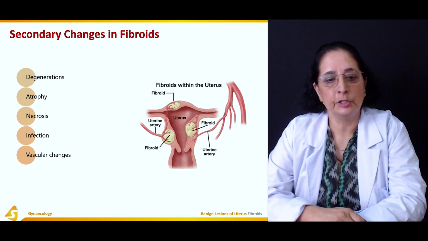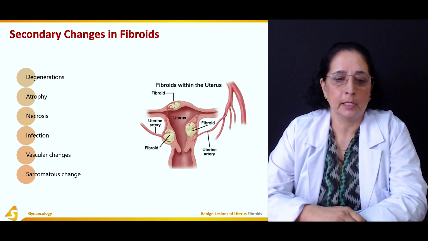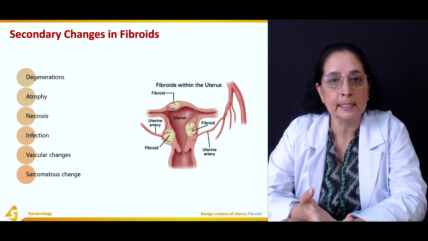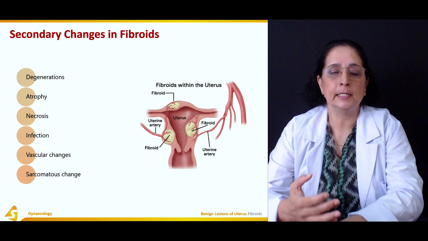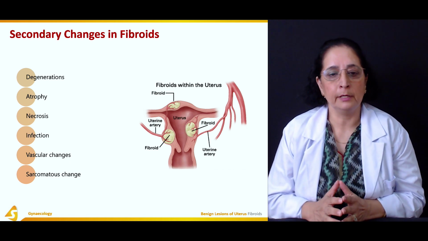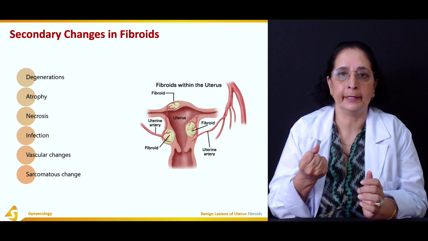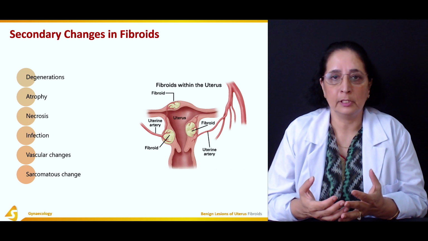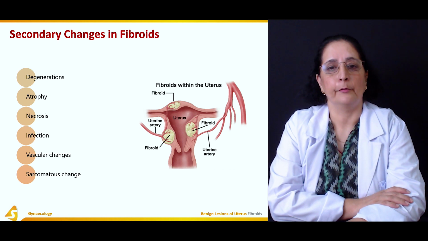There are vascular changes in the fibroids or sarcomatous changes in the fibroid, which is the presence of malignancy cells of embryonic period. So these are all the different changes that can take place in the fibroid, or these are the complications of the fibroids. It can get degenerated, atrophy or shrinking, necrosis or death. It might get infected. There are vascular changes of the fibroid, and there can be sarcomatous changes of the fibroid.